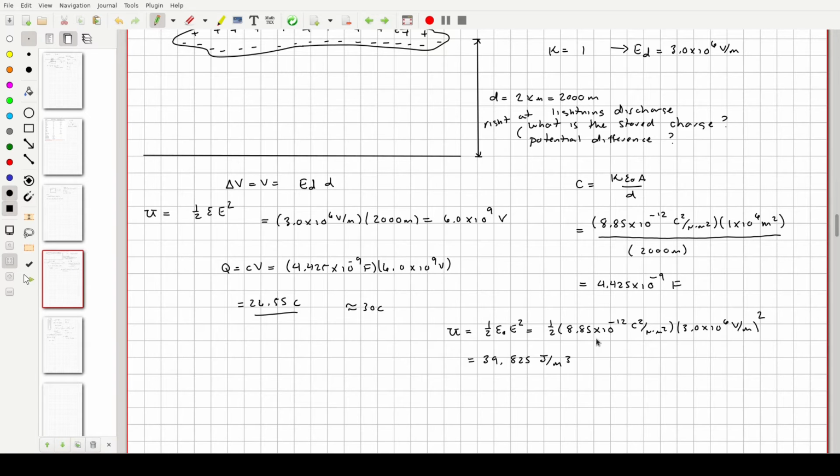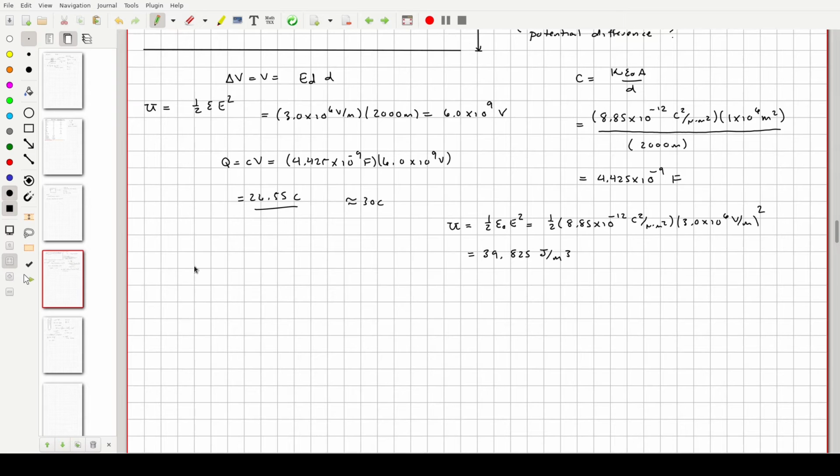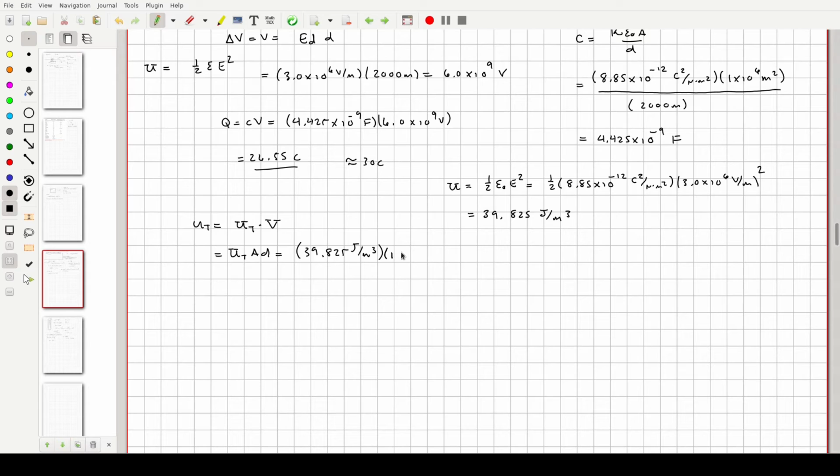So, what about the total amount of energy that's there? Well, if you take a look, you have volume. You have an area at the top, and then you have a distance. So if I want to know what the total energy is, I take the energy density and multiply it by the volume. The area here, 1 times 10 to the 6 square meters.